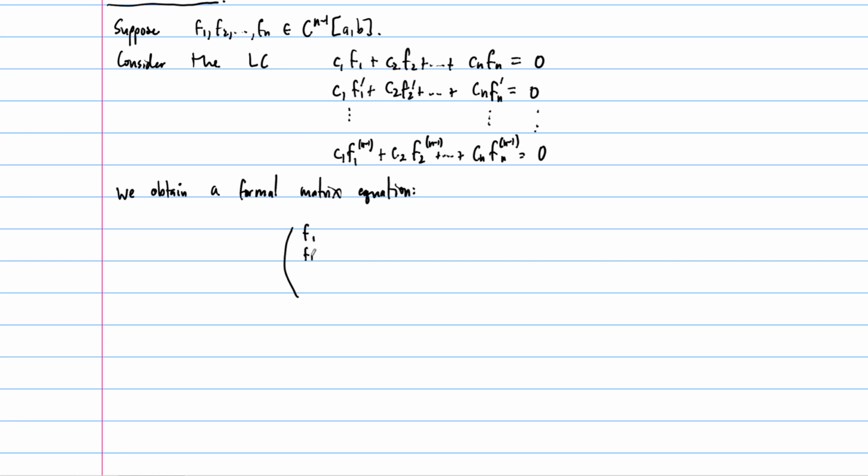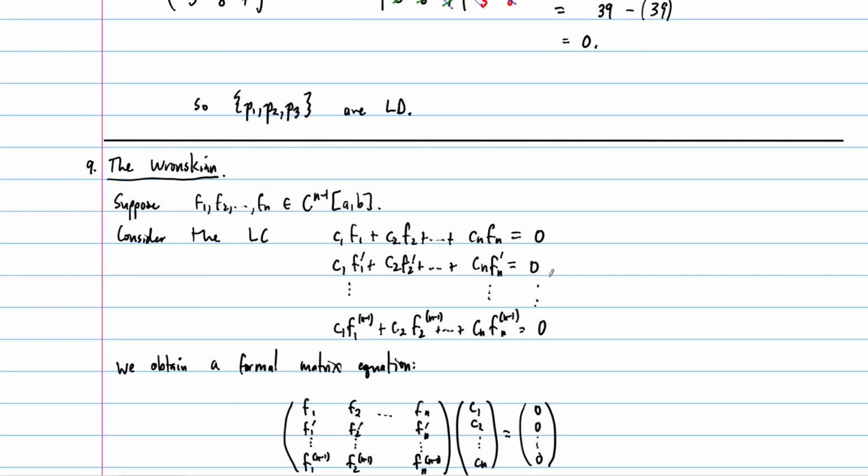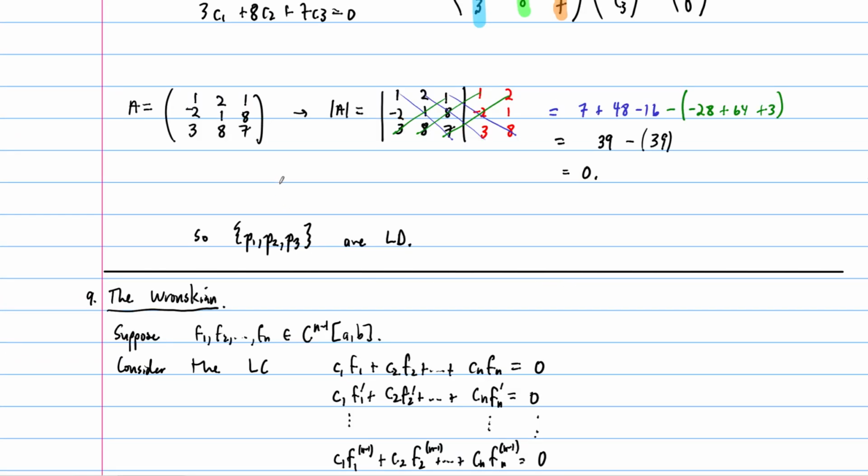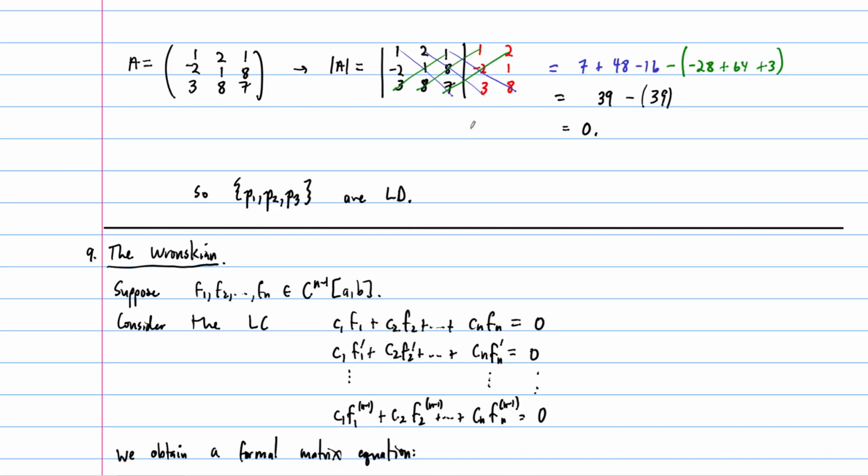So f1, then f1 prime, all the way through to the n minus first derivative of f1. The next column is f2, f2 prime, through the n minus first derivative of f2, and so on over to fn, multiplied by the vector of the constants, and it should equal 0. We've already seen that when we write these matrix equations, we can check the determinant of the coefficient matrix, and if the determinant is 0, then we get linear dependence. If it's not 0, we get independence.